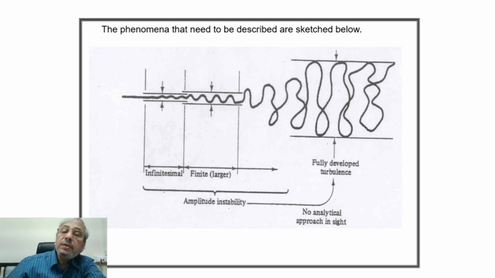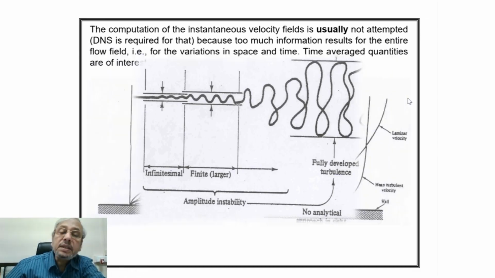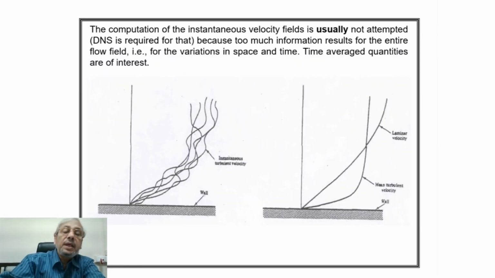But for engineering purposes, when the turbulent flow may be called fully developed turbulent flow, or fully developed turbulence is the state, then we can apply the statistical models that we have started discussing. Here I will give you another example.